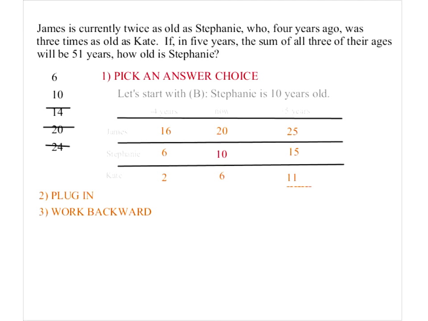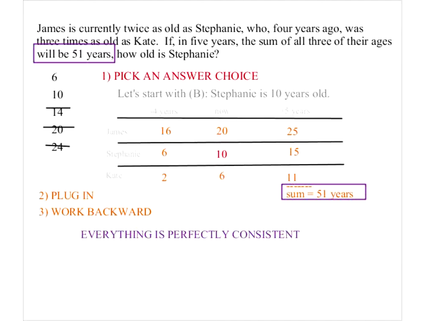So then we check. The sum is 51 years. And this time, everything is perfectly consistent. The sum is supposed to be 51 years. So everything is perfectly consistent. Correct answer.